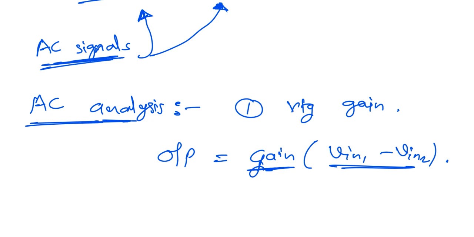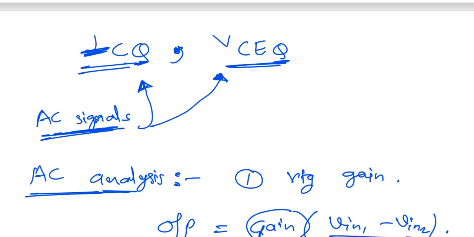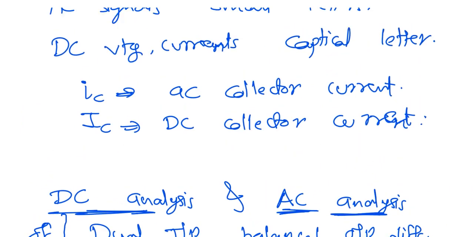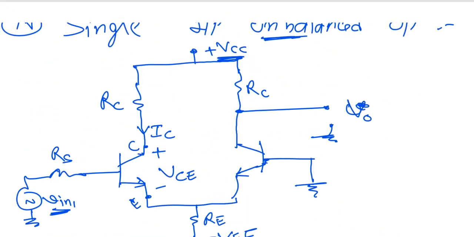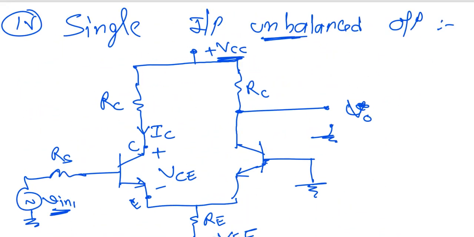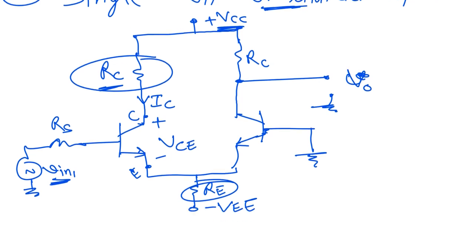Definitely this gain will depend on the components used in the differential amplifier, such as these resistances and these voltages. That is the purpose of doing AC analysis.